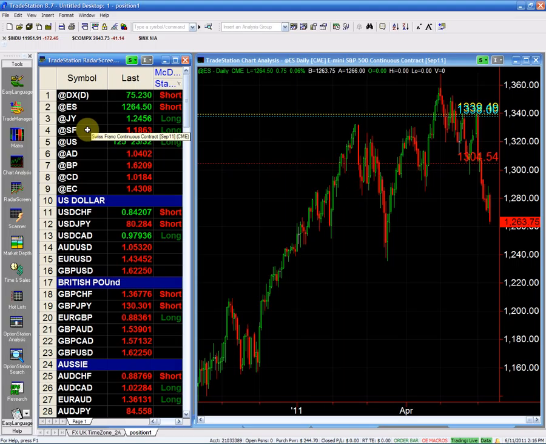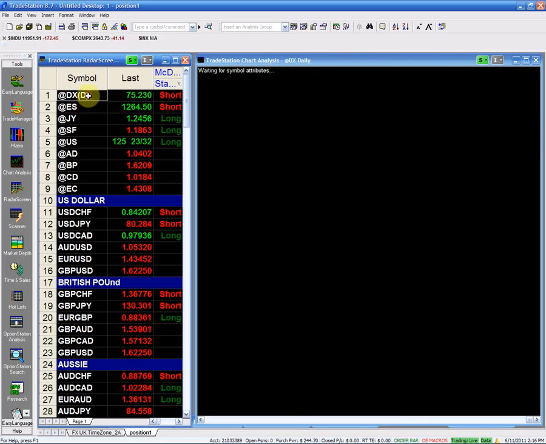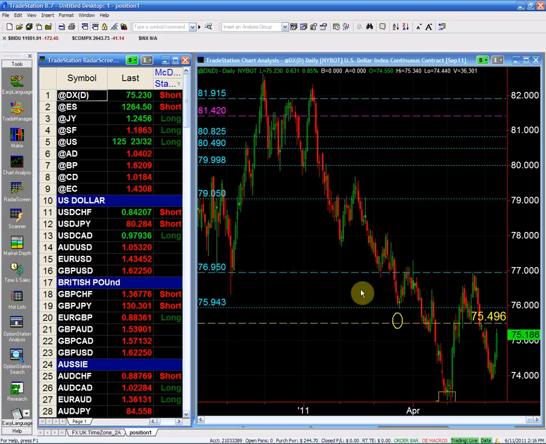Now the key point is that we have to keep an eye around the 75.50 and then the 76, but the key structure point is the 76.95. That is now going to be the structure point that we are going to look for as a trend change.